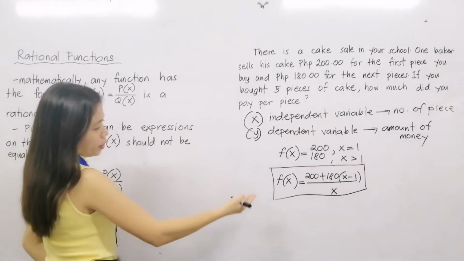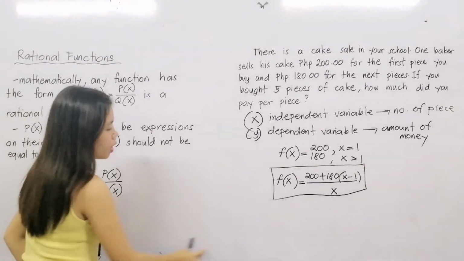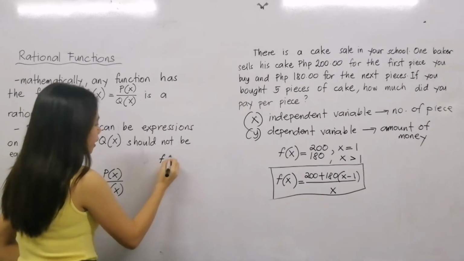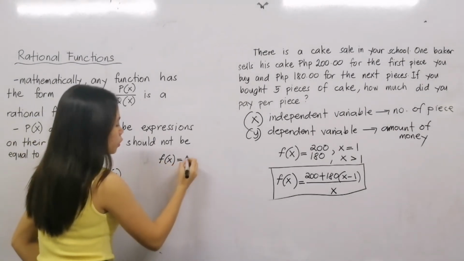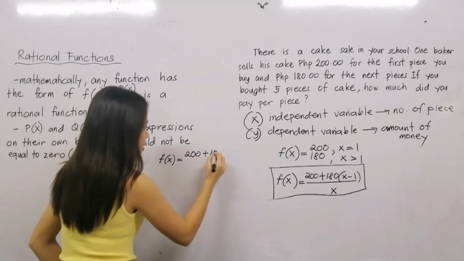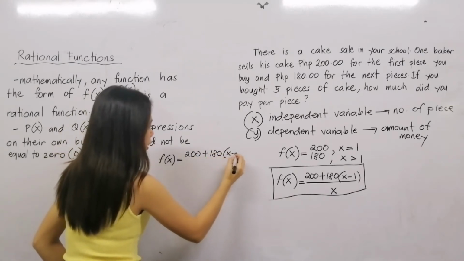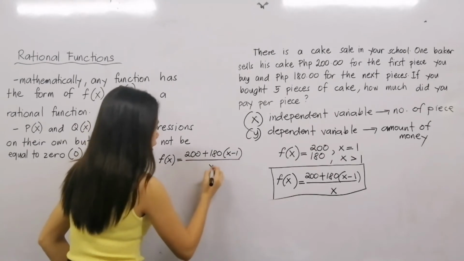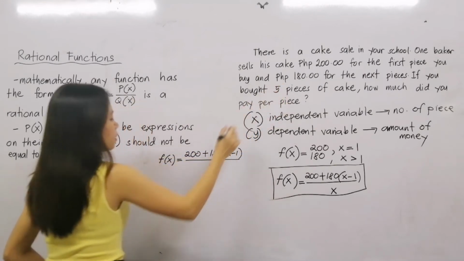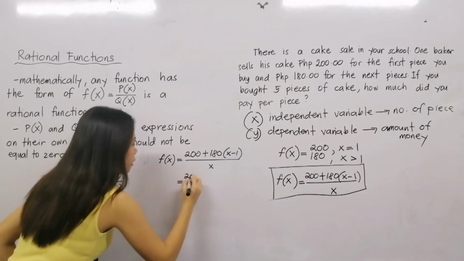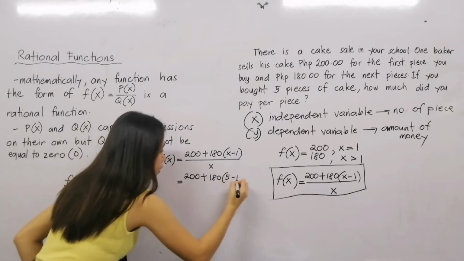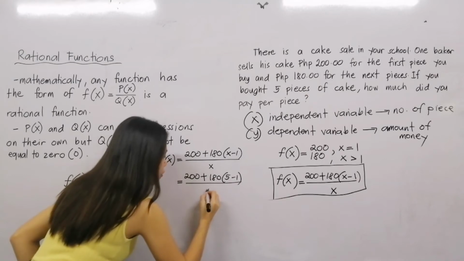To continue our computation, dito na lang po tayo sa area na to para mas okay po sa view natin. We're gonna have f of x is equal to 200 plus 180 multiplied to x minus 1 over x. Since meron na po tayong value for the domain, we're gonna have 200 plus 180 times 5 minus 1 divided by 5.